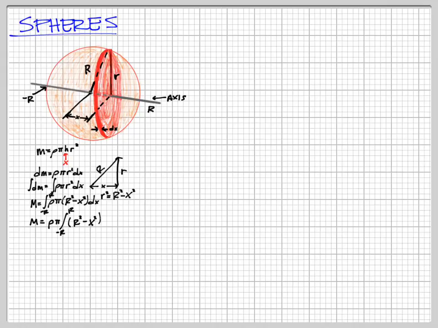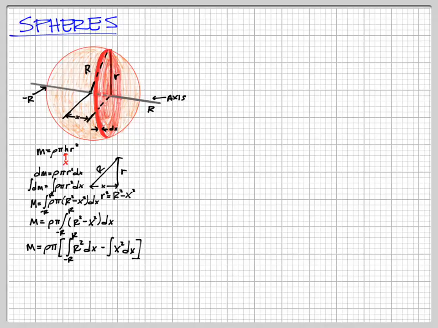I think I just wrote it twice. So it's the integral of r squared with respect to x, and that's just a constant, minus the integral of x squared with respect to x.